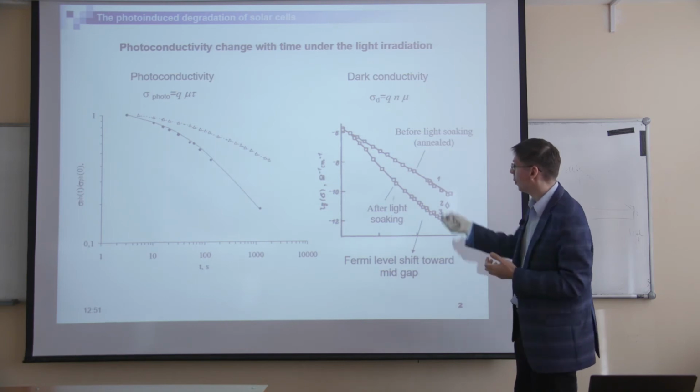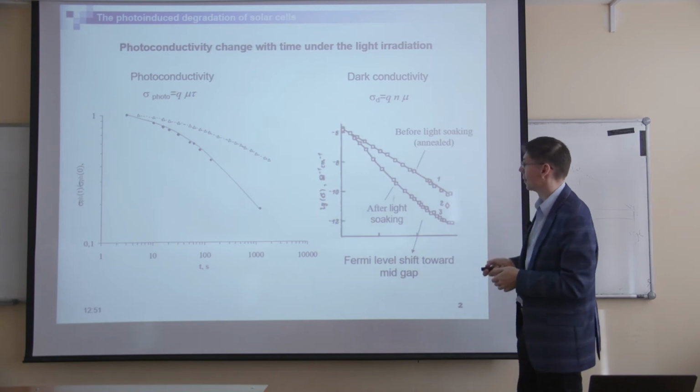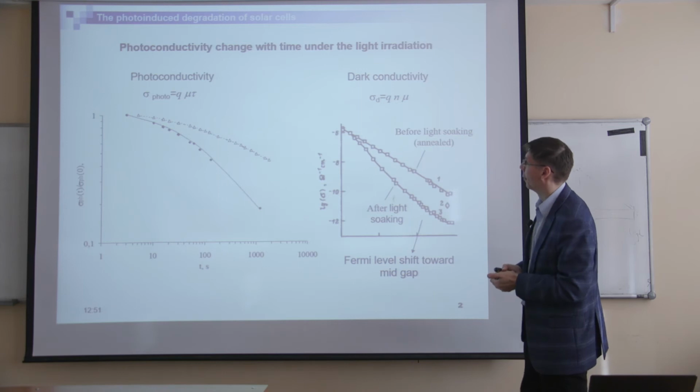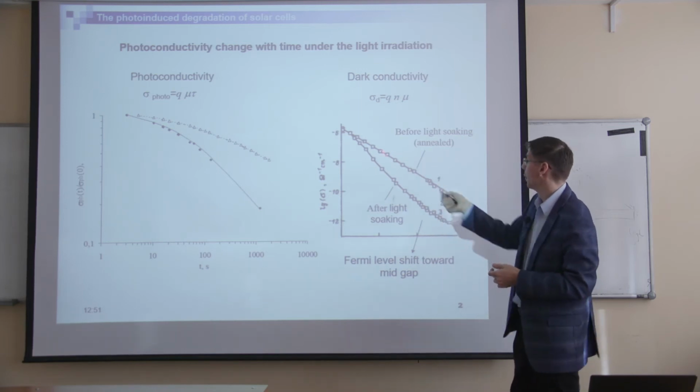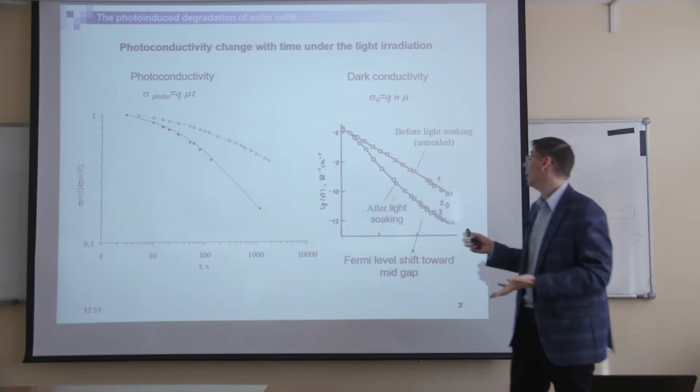And here, if you trust the Arrhenius plot, so it's inverse temperature, it's logarithmic of the conductivity. So we can get this Arrhenius with some activation energy, which corresponds to the position of the Fermi level.